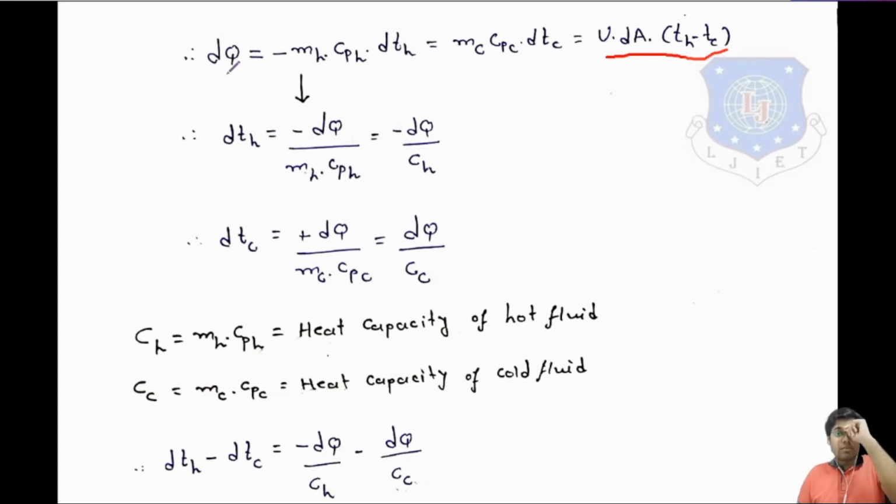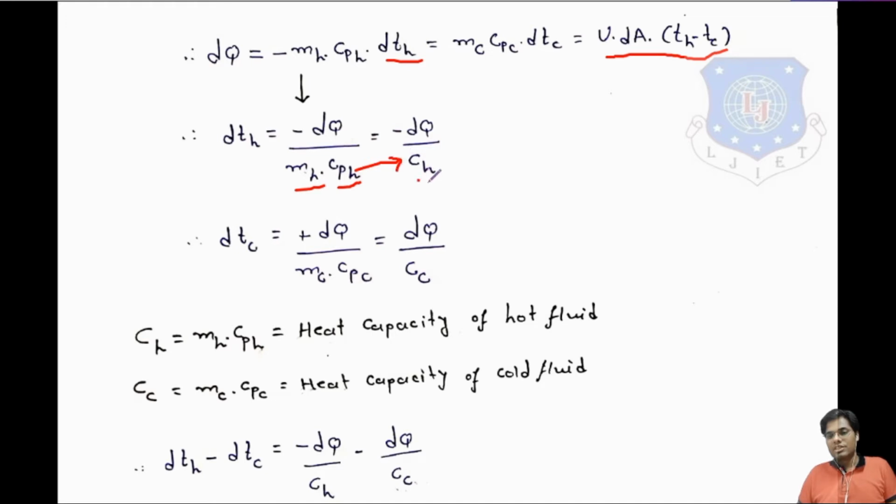Now from this equation we can write dTH equals minus dq divided by mH CpH. We write it by multiplying the product of mH and CpH, mass flow rate and specific heat. Multiplication of these two properties gives us a heat capacity.